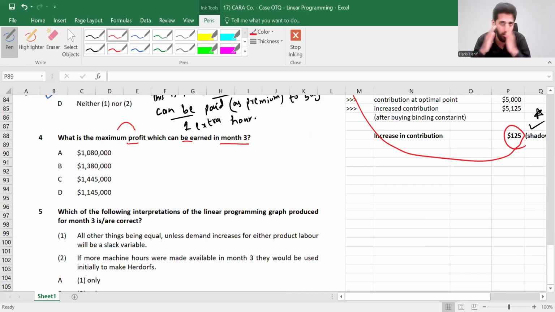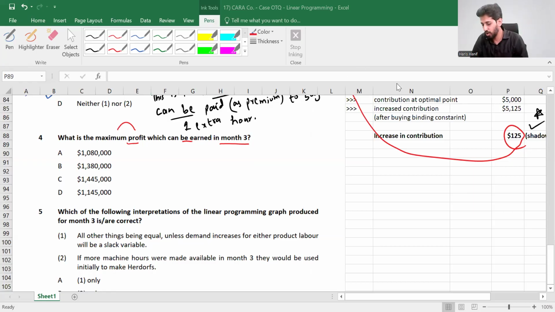Now, how do you calculate the profit? Simple point is that profit is contribution minus fixed cost. So this question is just focusing on month number 3, that what is the maximum profit which can be earned.